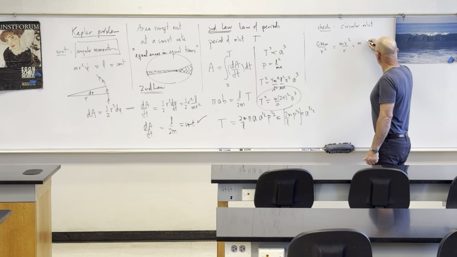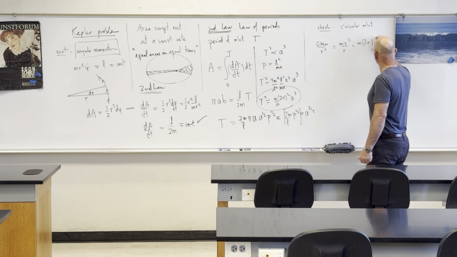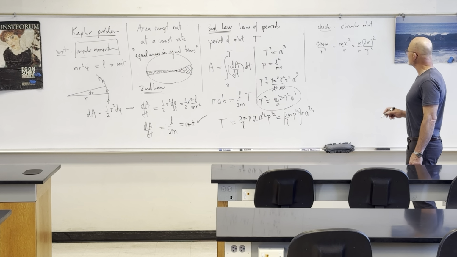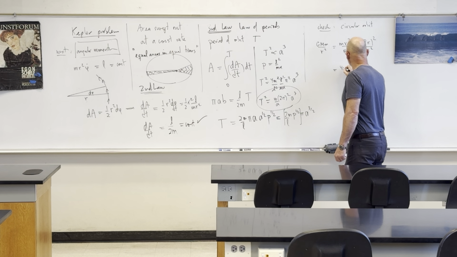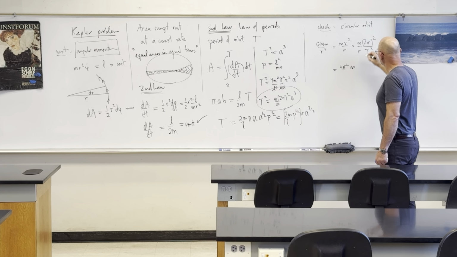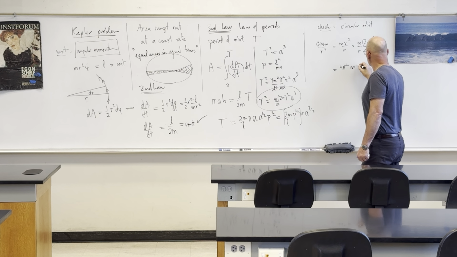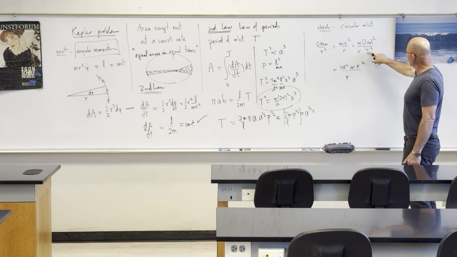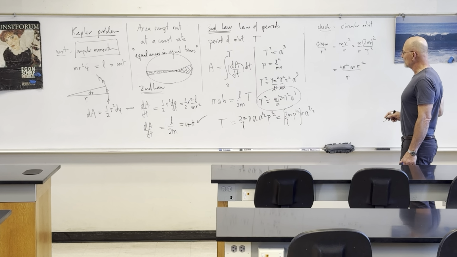M 2 pi squared over T squared R, pi R squared, R. And then the T squared proportional to R cubed.